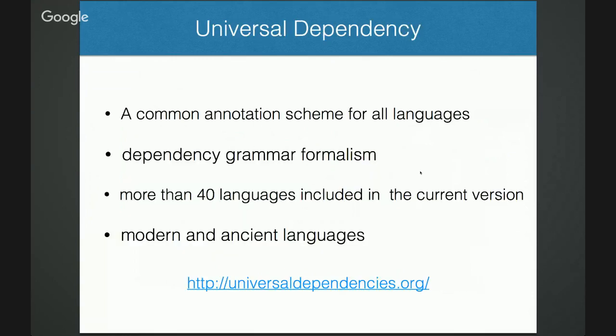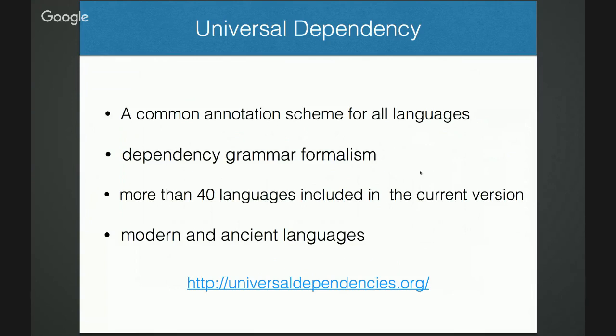So another piece of information here is Universal Dependencies. This is a very interesting project. I'm mentioning it now because I think that it is really promising, since the aim of this project is to annotate all languages, or at least a lot of languages, using the same annotation scheme.